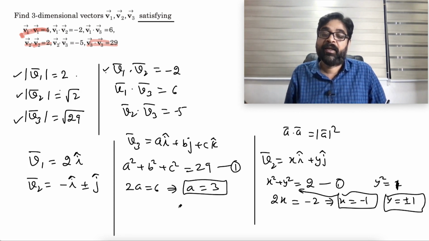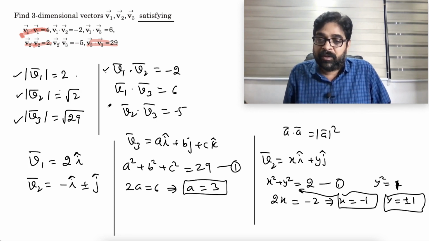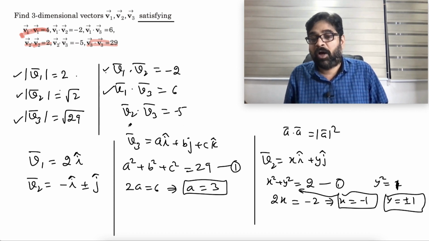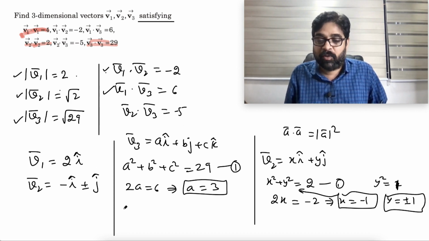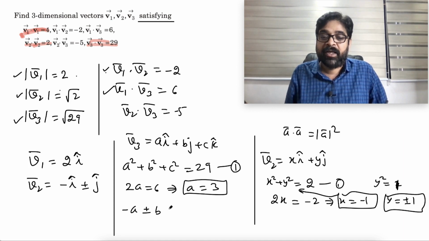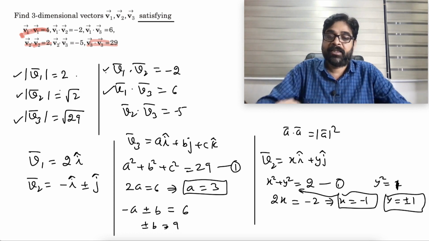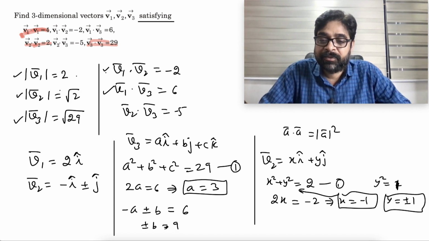Now, this information I use: V2 dot V3 equal to minus 5. So now this dot this. What will become? Minus a plus minus b, there is no use of this, is equal to how much? Check it out, I did it correct?